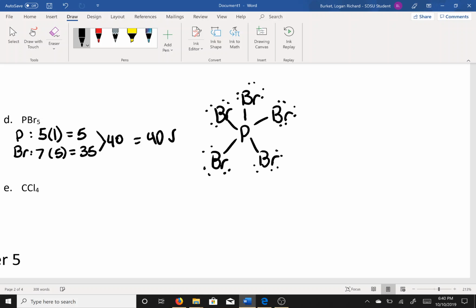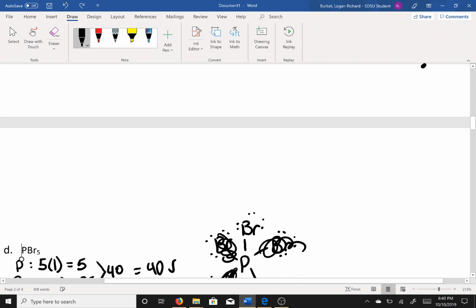And this is a molecular geometry that you do not have to know. It's called, I believe, trig bipyramidal. So basically, this one and this one are flat, and then this one comes straight out the top, and this one comes straight out the bottom. But I don't think you have to know those.